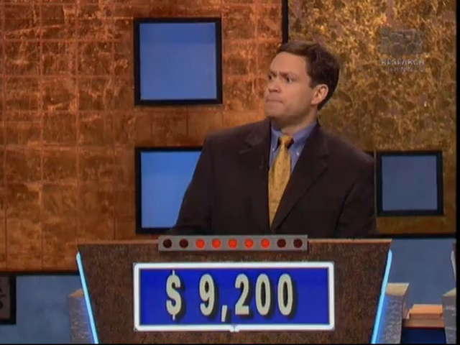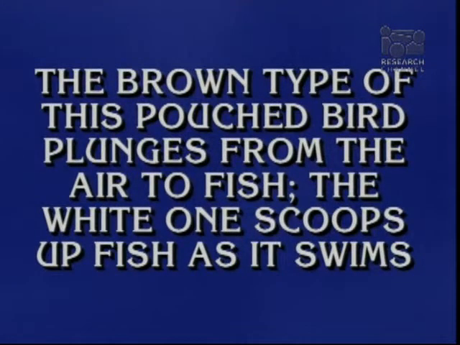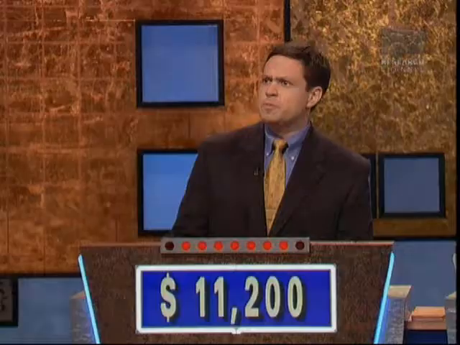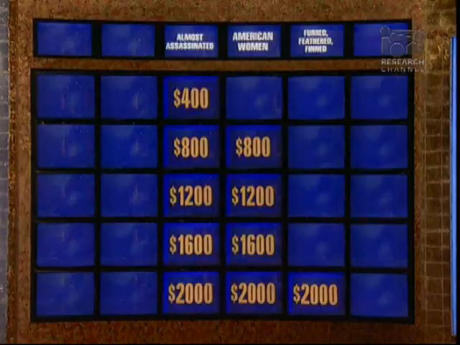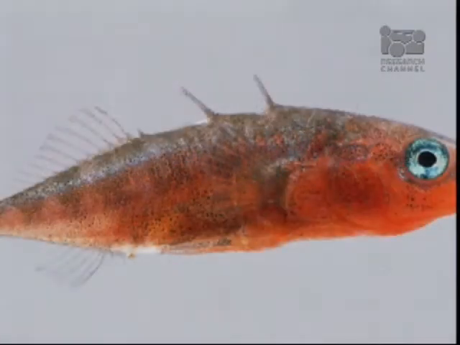John. What is Belmopan? Belmopan, that's right. Let's try furred, feathered, fin for 400, please. The brown type of this pouched bird plunges from the air to fish. The white one scoops up fish as it swims. John. What's a pelican? Right. Bird for 2000. The dorsal spines give this fish seen here its name. And it is a stickleback fish.